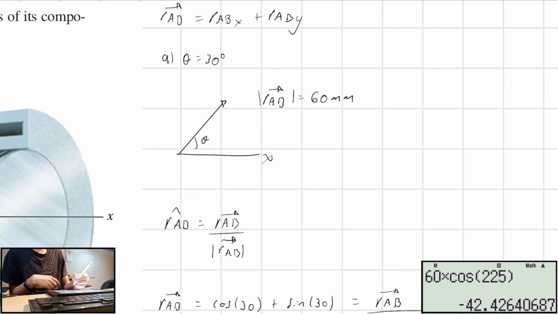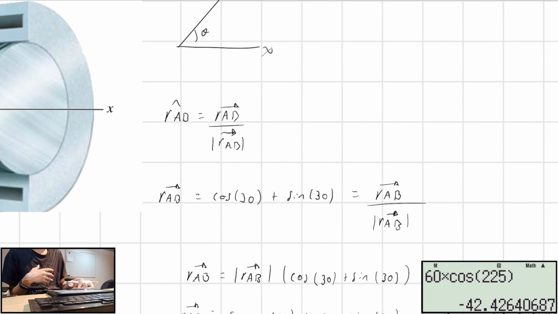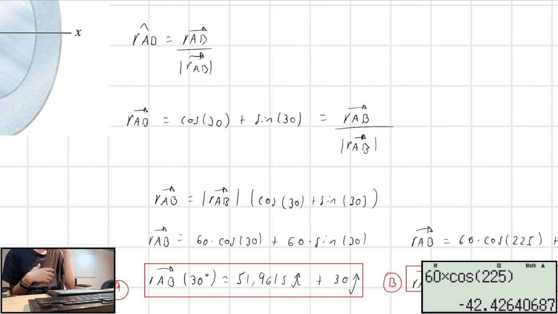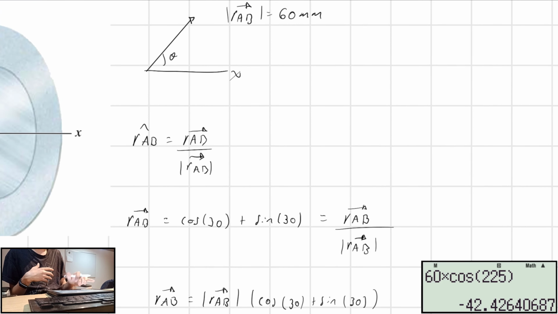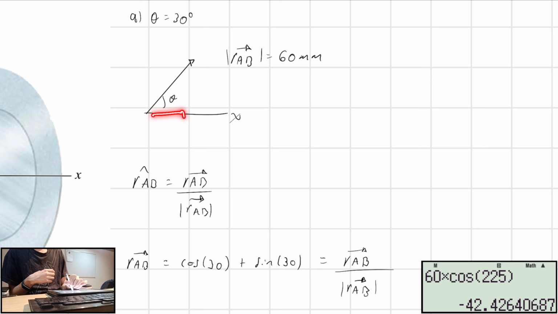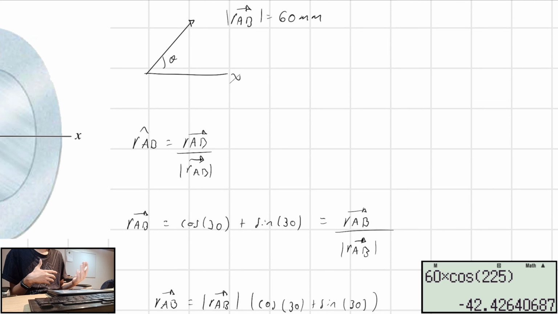As you can see, this is the first component for the I direction, and this is the second component for the y direction. Now, both of the components are positive. That is why I didn't take so much time analyzing the symbol previous to the component.